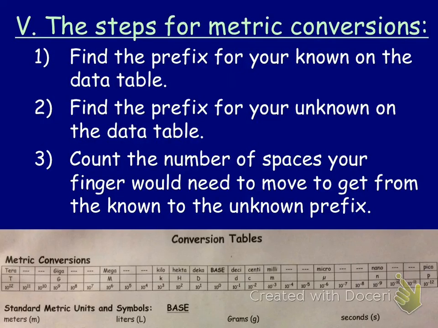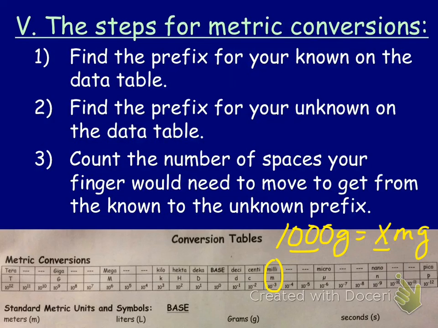So let's say we have 1,000 grams, and we want to know how many milligrams that is. So X milligrams. So we're going to follow the steps for solving how many milligrams is in 1,000 grams.